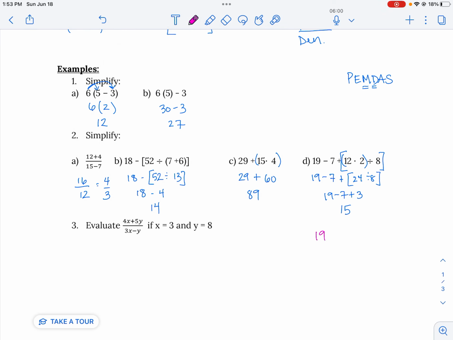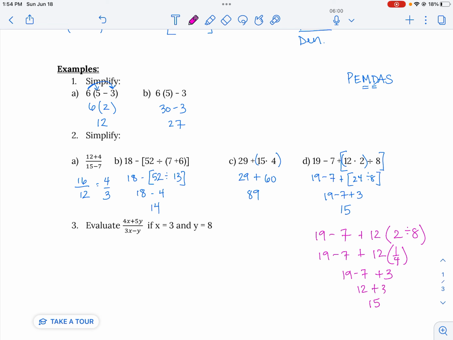If I were going to say 19 minus 7 plus, let's say 12 times 2 divided by 8, well, that's 1/4. And so 1/4 of 12 is 3. And I've got 19 minus 7 plus 3. And there you have it, which is 12 plus 3 which is 15.